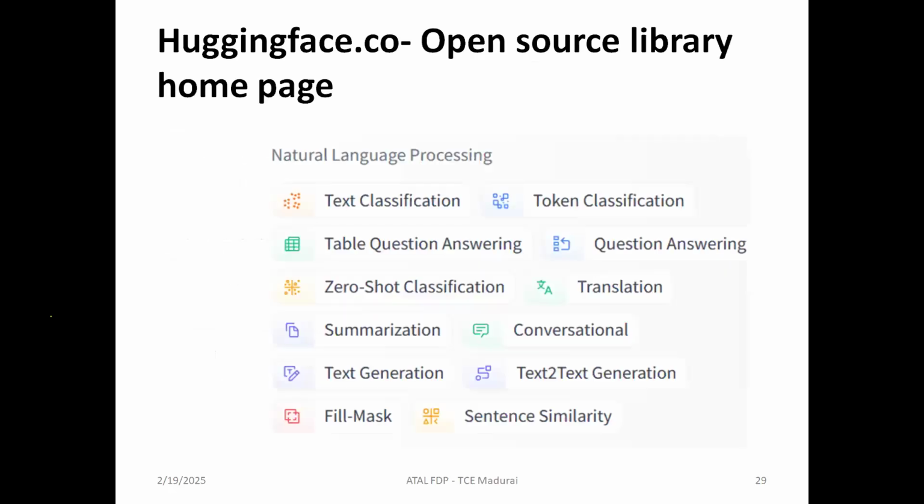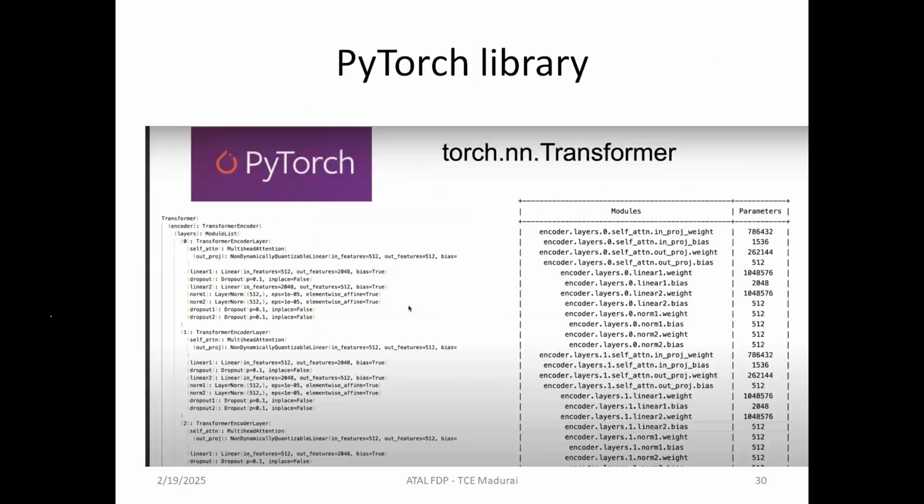I hope you have come across huggingface.co, where we can take a lot of APIs and do natural language processing with their help. You can take the PyTorch library and click torch.nn.Transformer. You can see the parameters present in the transformer.